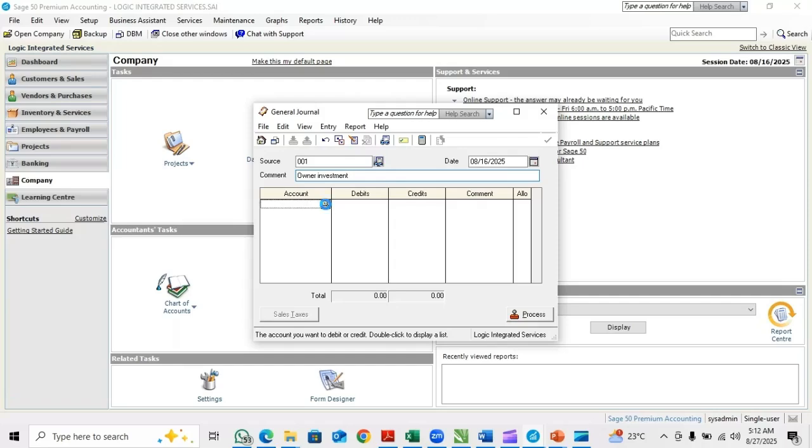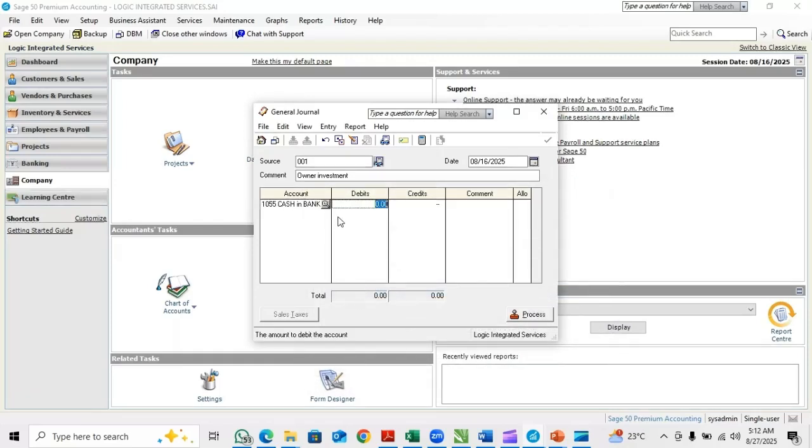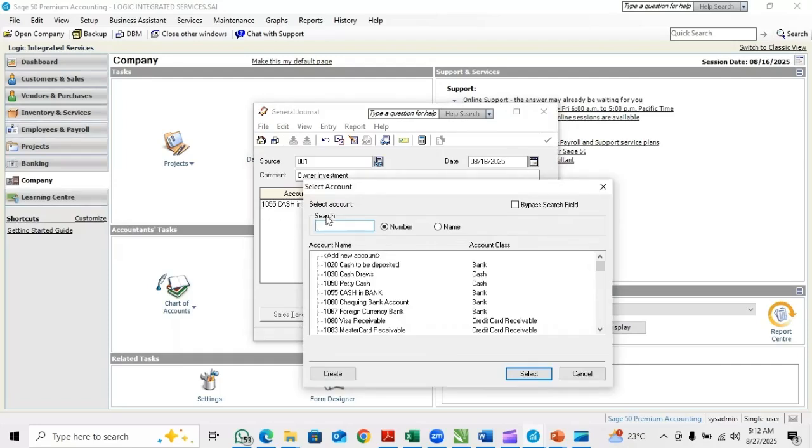Then we look at the account. We have 1055, which is our cash in bank, and that cash is debited 250,000. We go down and look for computer equipment.